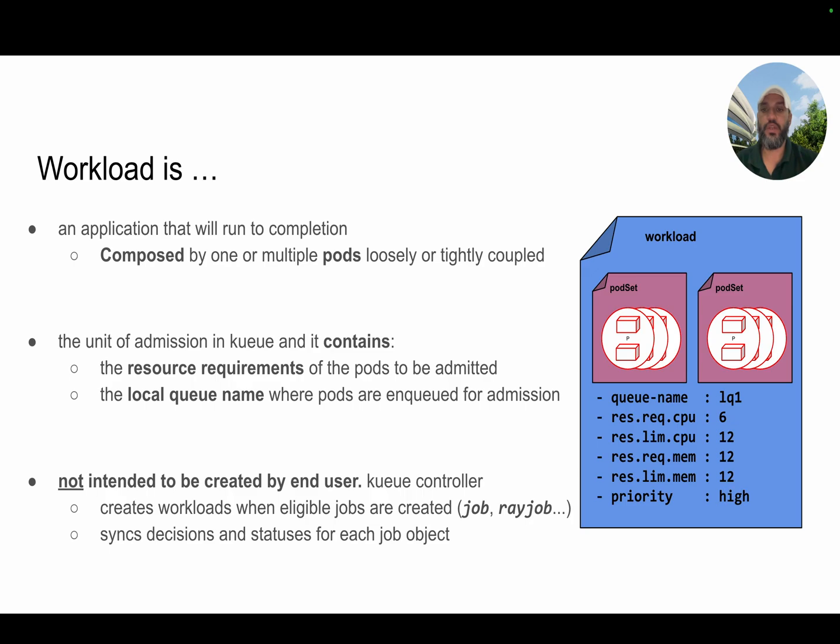Also, it will gather the resource requirements for the pod. So based on the requirements defined in the job, it will also extrapolate the resource request and resource limit for all the pods that are defined within the workload.